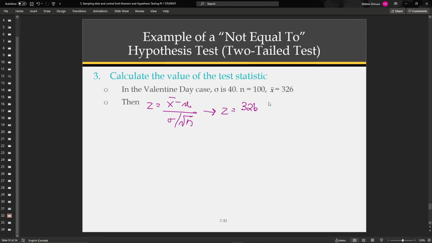That's the number of boxes that, when they sampled the stores, they found they were going to order, minus the population one, which is 330, divided by the standard deviation of 40 divided by the square root of n, and they sampled 100 stores. So when that's all said and done, you get a z value of negative 1.00 exactly.